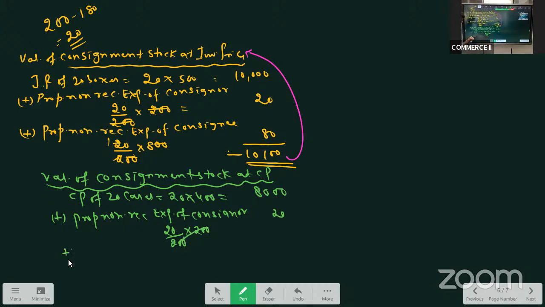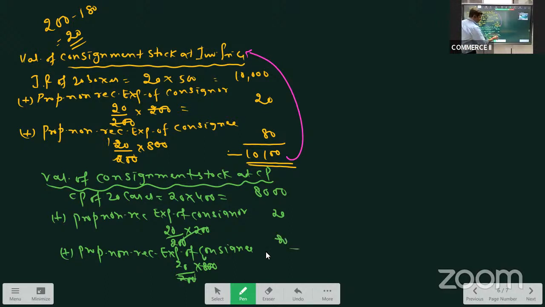Then add proportionate non-recurring expenses of consignee. 20 by 200 into the total non-recurring expenses, 800. So that is 80 rupees. So what is the total? 8,100.